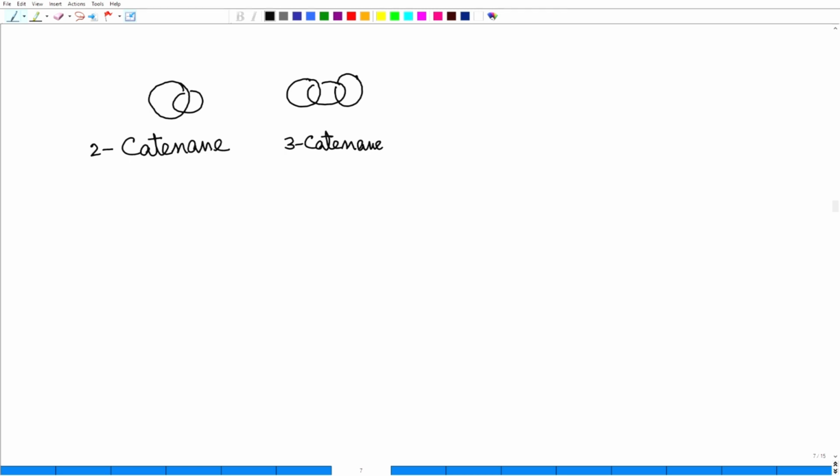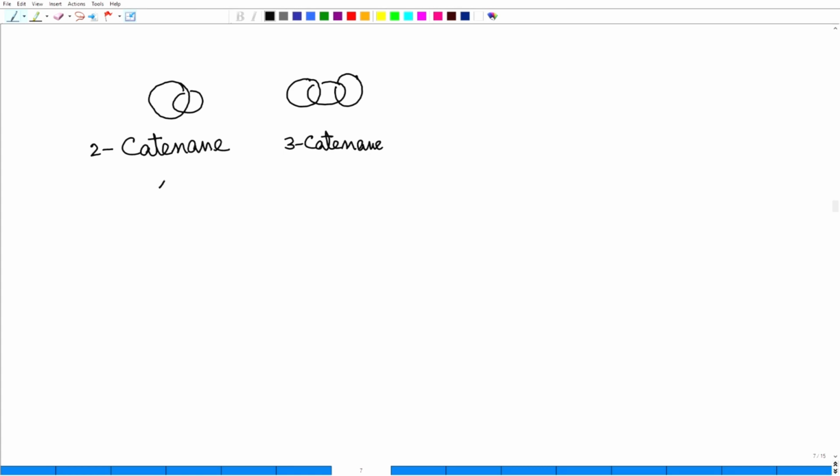Okay. So, I can make 2-catenane, 3-catenane and N-catenane. So, I can keep on making catenane structures. They are not very easy to make.